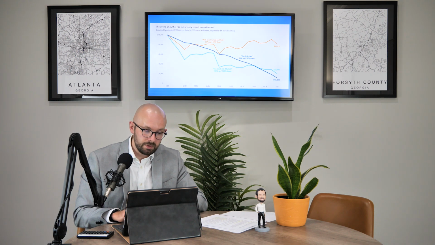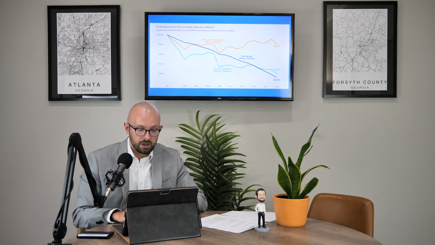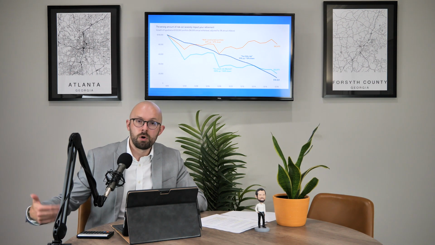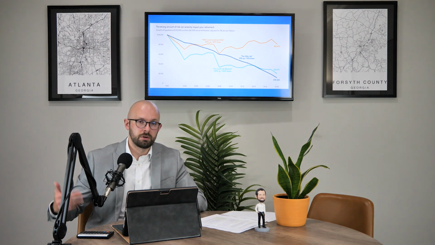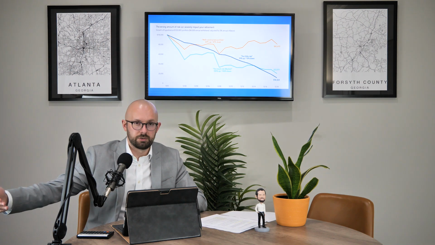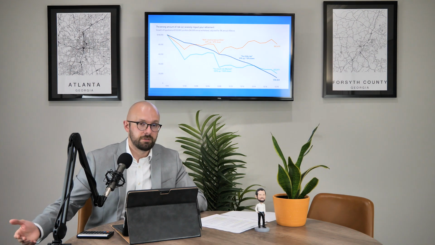Next, what we're going to look at is that if you are too aggressive, those big market swings are going to cause you to adversely feel more of the down markets. And that's not going to allow enough of your account to be left over to experience the up markets at that point. Now, this is specific to a retiree.